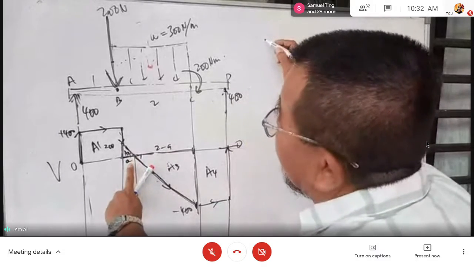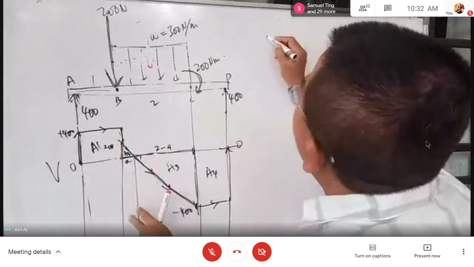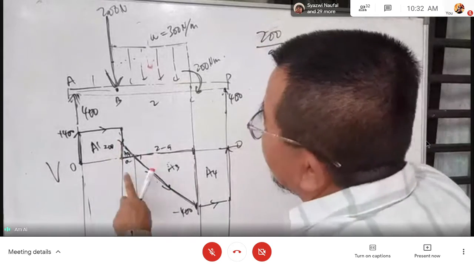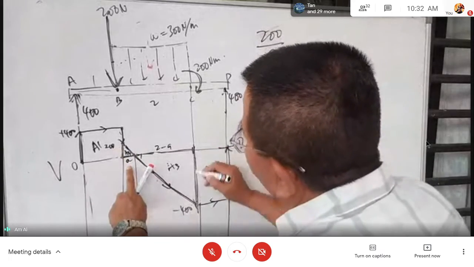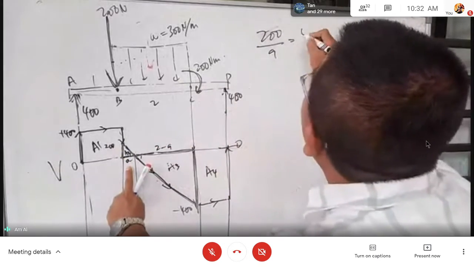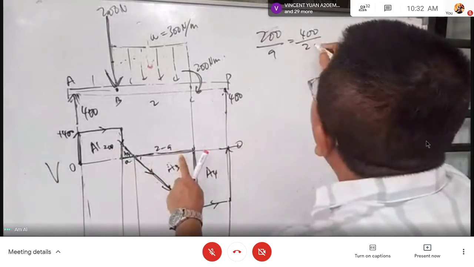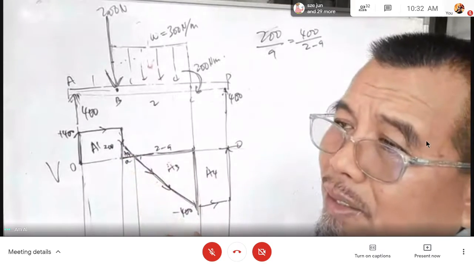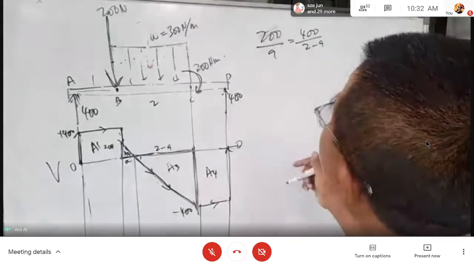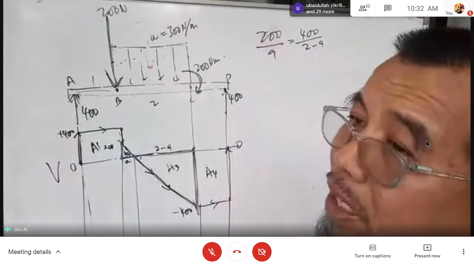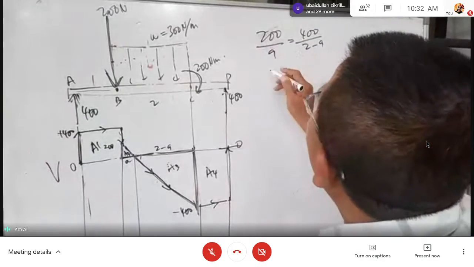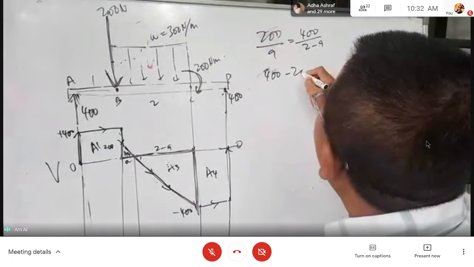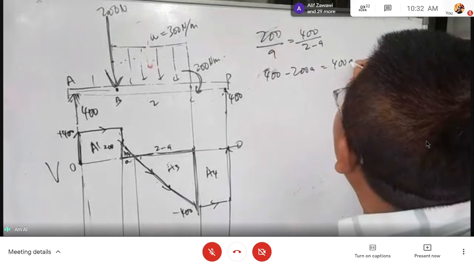How do I get my A there? 200 divided by A, same with 400 divided by 2 minus A. I don't have to put minus 200 because it's just a triangle. This is solving trigonometry. So what do we have there? This one times this one, we have 400 minus 200A is equal to 400A.